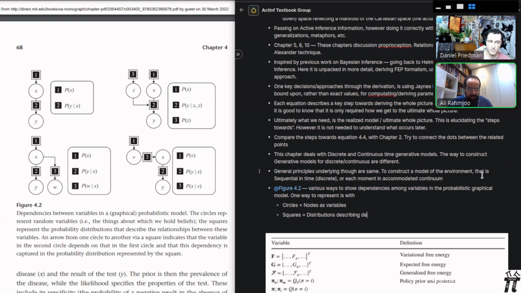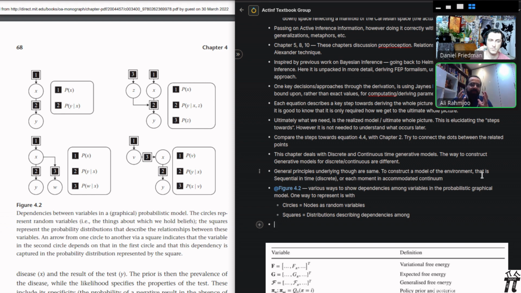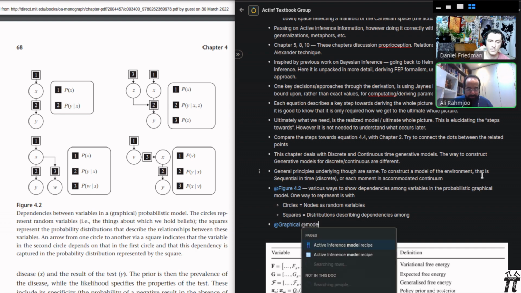So we can see the clear relationships between those parameters here, which is basically what constitutes the generative model that needs to be used for different situations.